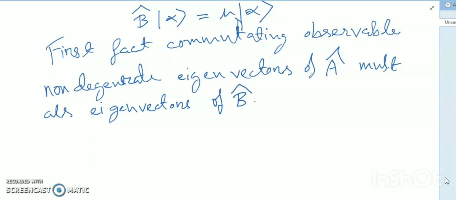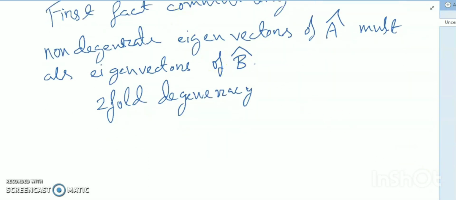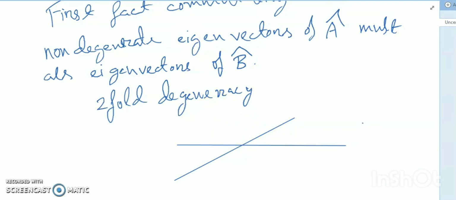To do so, let's work in R cubed and assume that A has a twofold degeneracy. So this is my two vectors.